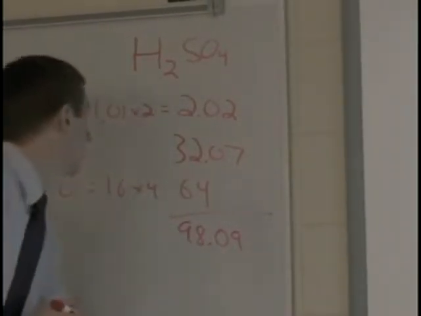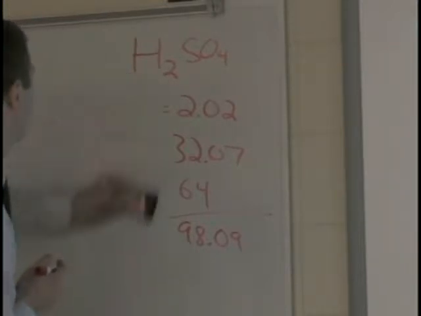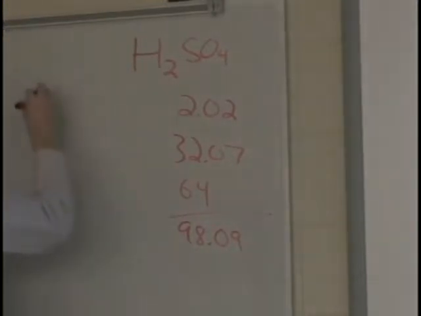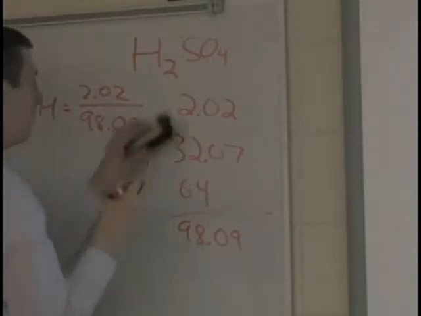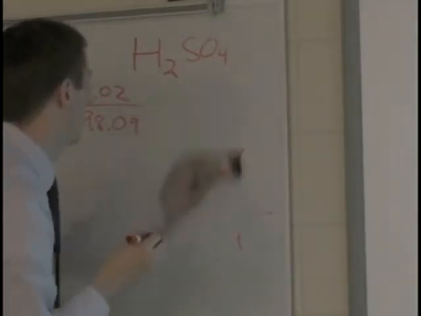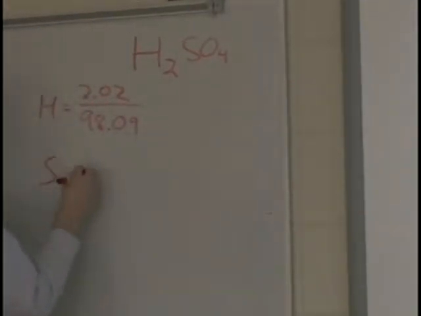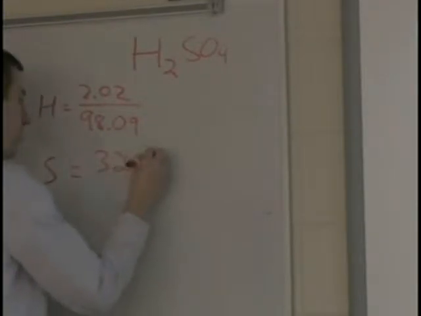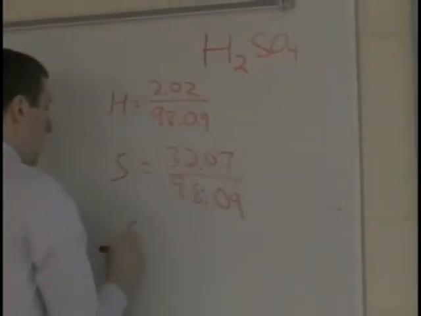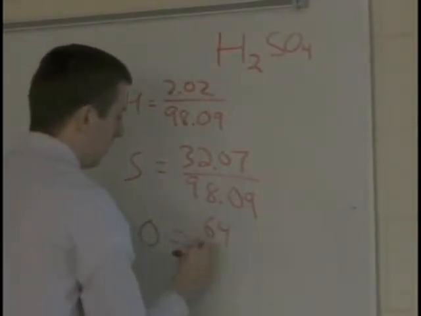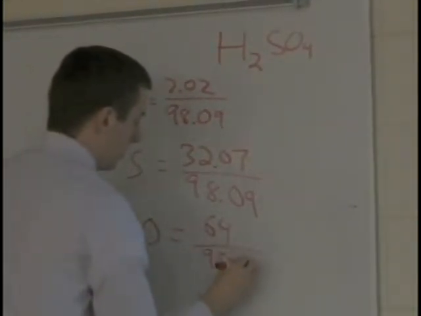Now what I would do is, I would start over again. Hydrogen equals 2.02, its mass, divided by the total, 98.09. Sulfur equals 32.07 over 98.09. Oxygen equals 64 divided by 98.09.